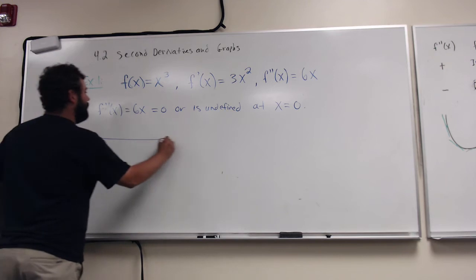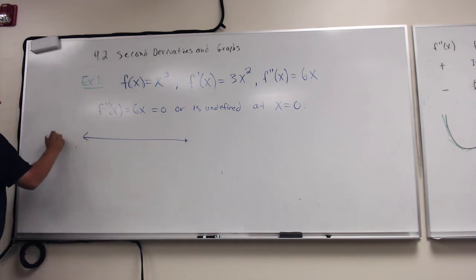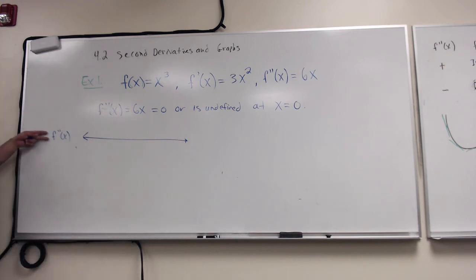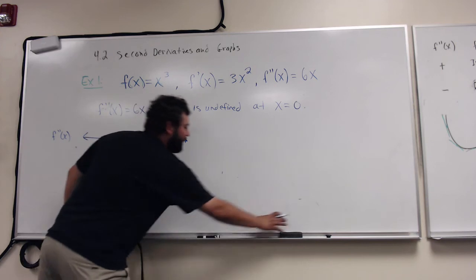So now you make a sign chart. When you make a sign chart, an inequality number line, make sure you're labeling that this is the sign chart for the second derivative, right? I could have done the same thing for the first derivative. As a matter of fact, let's just do that anyways.